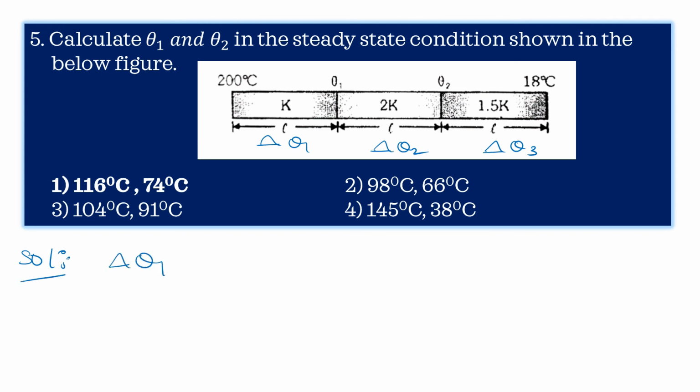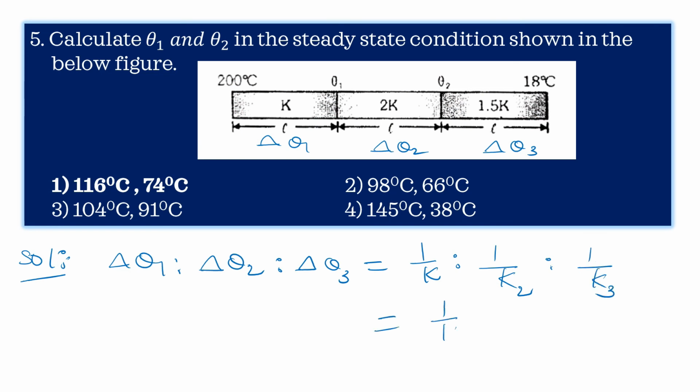Temperature differences delta theta 1 is to delta theta 2 is to delta theta 3 is equals to the conductivities they given as K, 2K, 1.5K. So 1 by K1 is to 1 by K2 is to 1 by K3. Substituting 1 by K, 1 by 2K, and K3 they given us 1.5, it can be written as 3 by 2, reciprocal 2 by 3.